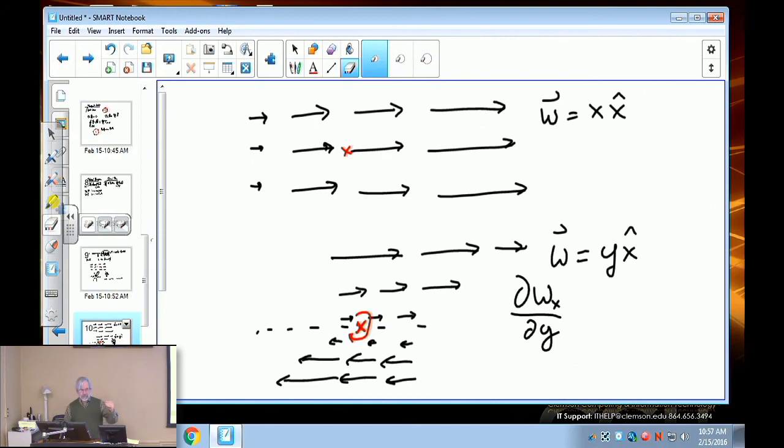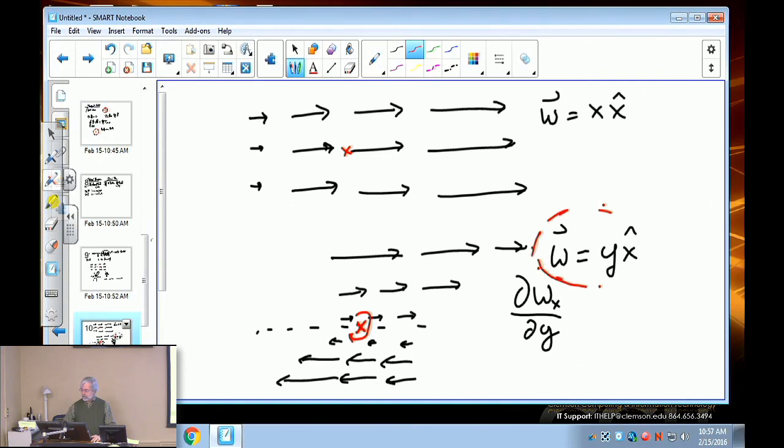I'm sorry, it's clockwise flow. And so if you take the curl of this, you'll get a -1. If you take the divergence of this, the divergence gives 1.